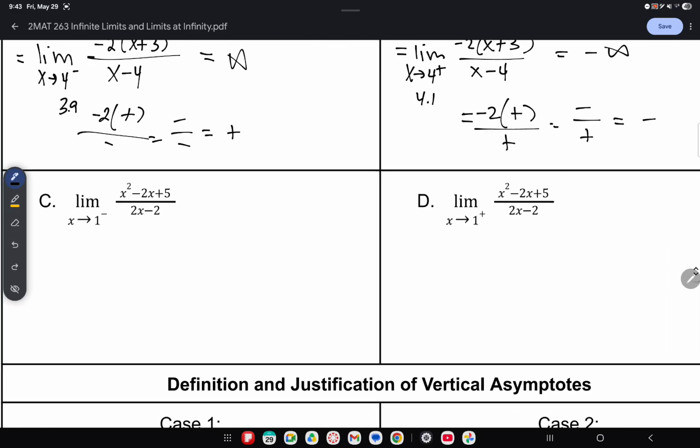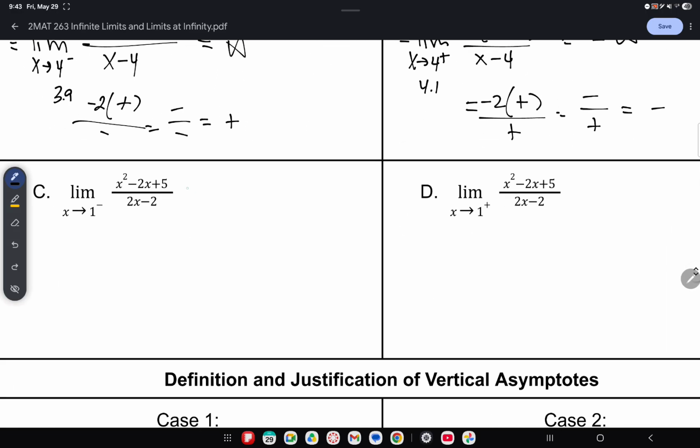So let's see if we can do anything with these. Let's try and factor it. I don't think that numerator can factor. At the bottom, I can make that 2 times x minus 1. So that doesn't have us simplifying anything. So there's still a vertical asymptote at 1 because of that denominator there. So I'll start plugging in a number.